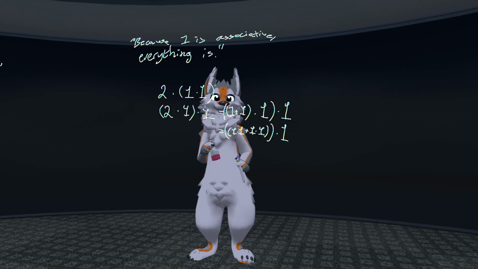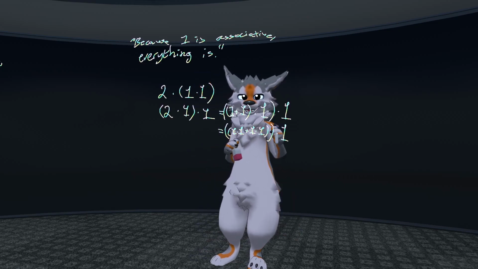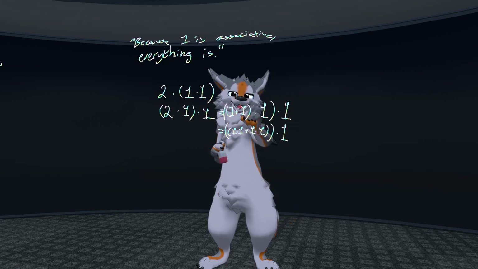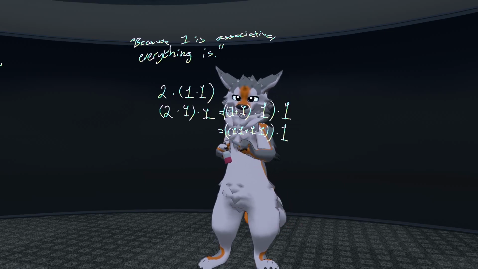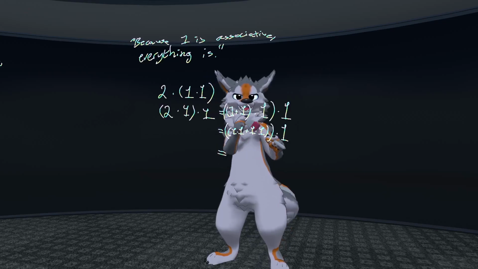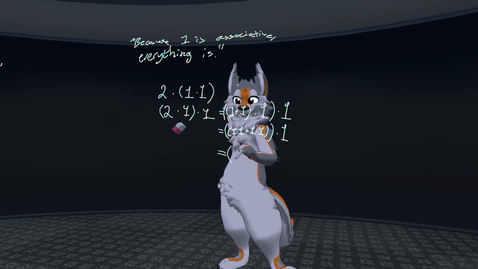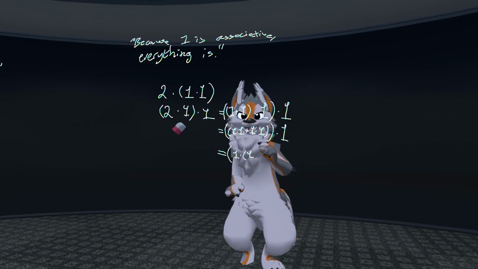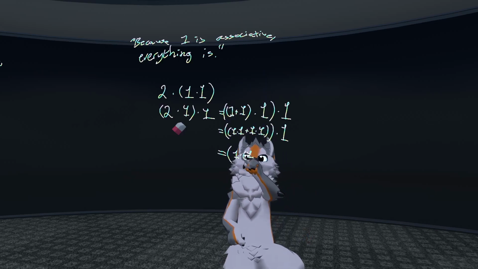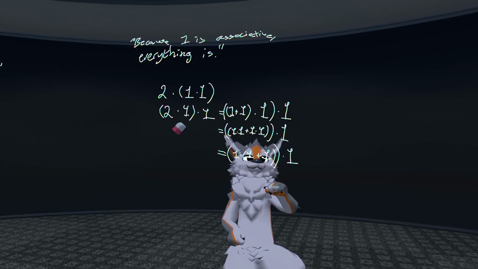Now, by using distributivity again, but this time, this was right distributivity, but this time let's use left distributivity. So this was right distributivity, and this is going to be left distributivity. So we're going to have 1 times 1, 1 times 1 plus 1 times 1.